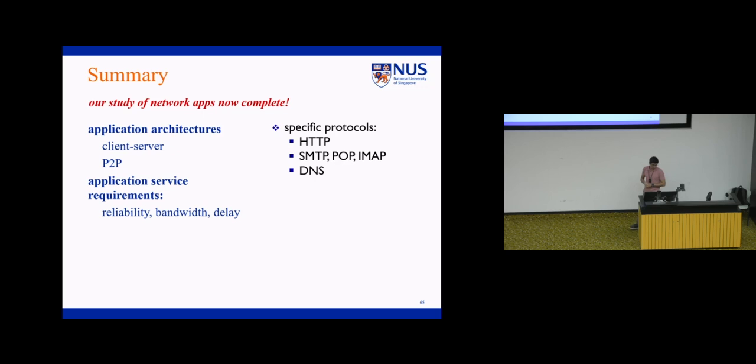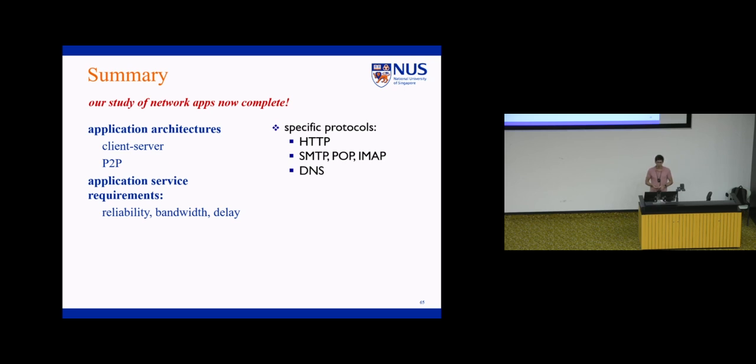Okay, so with that, we completed our study of the application layer, but we are also going to look at socket programming. What we learned is client-server architecture and peer-to-peer architecture. We learned about service requirements. Some applications may require reliability, bandwidth, delay.